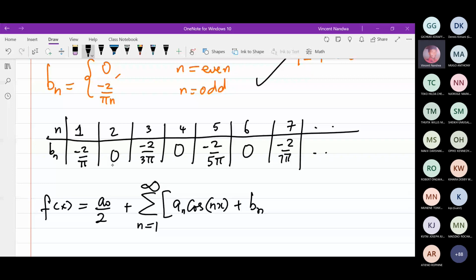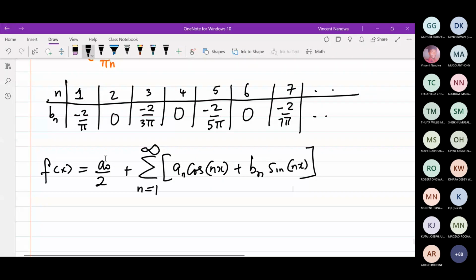So f of x, what was our answer for a naught, not bn? So a naught from our computation is 1, so 1 over 2 plus summation n from 1 to infinity.